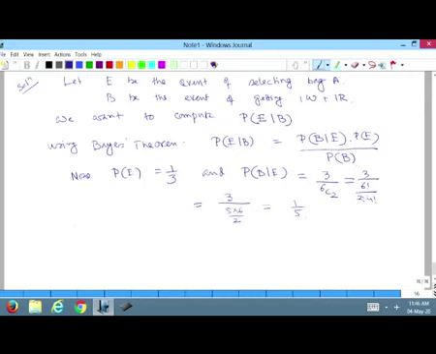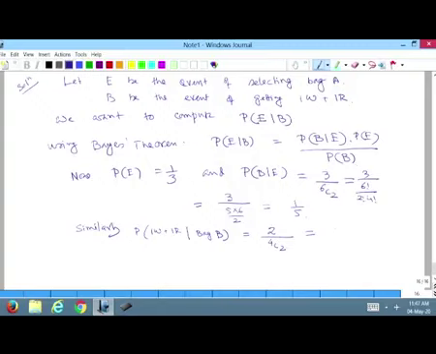Similarly, probability of one white and one red ball given bag B is chosen: now bag B has 4 balls, out of which we can choose one white and one red in 2 different ways, and 2 balls can be chosen in 4C2.